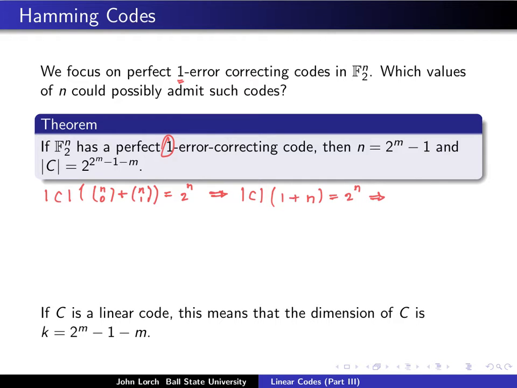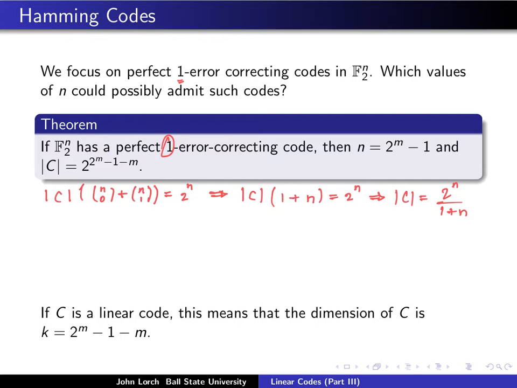And then if we solve for the size of the code, we get that it's 2^n over (1 plus n). Now, if we look at that quotient for just a moment, we'll see the size of the code is a whole number. And that means that 2^n divided by (1 plus n) must be a whole number.